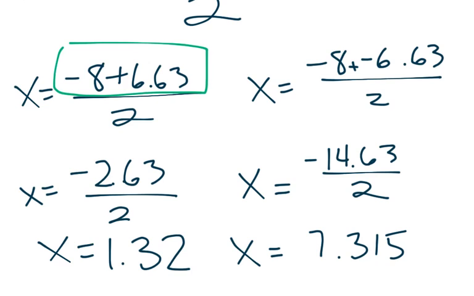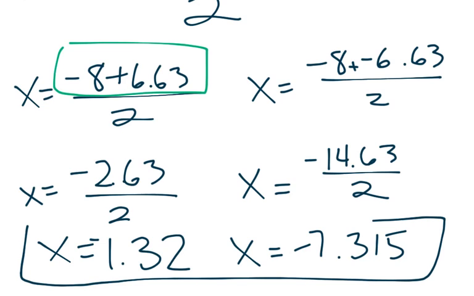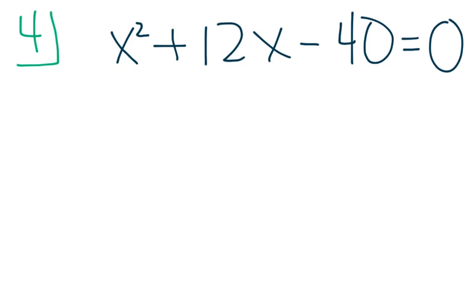But remember, anytime you multiply or divide one negative and one positive, you're going to end up with a negative number. So these are your answers. x equals negative 1.32 and negative 7.315. So let's go to the next problem.